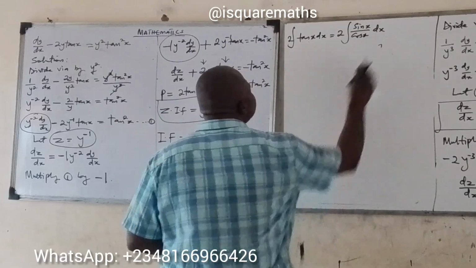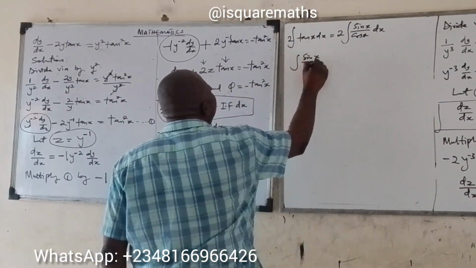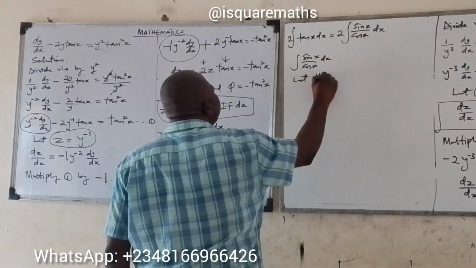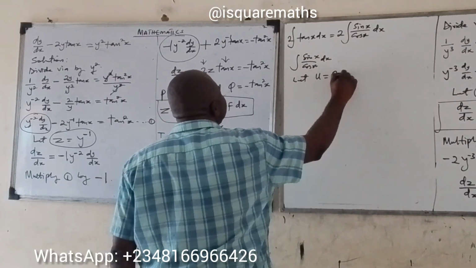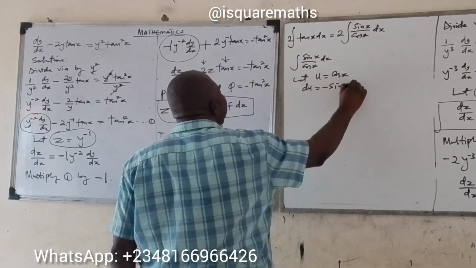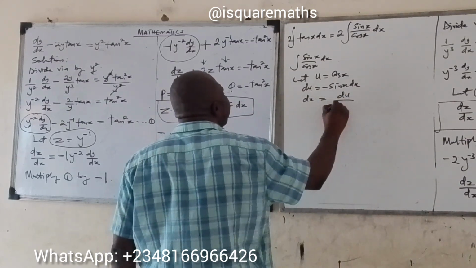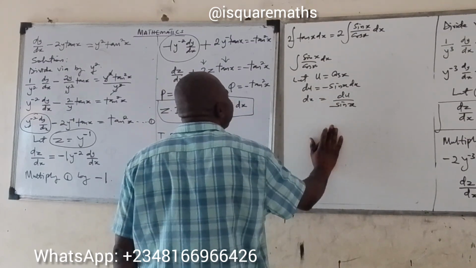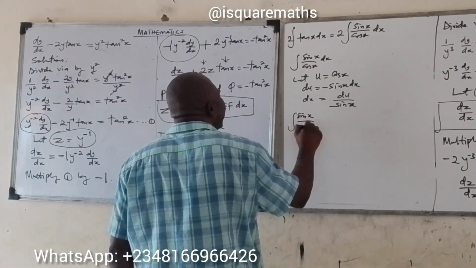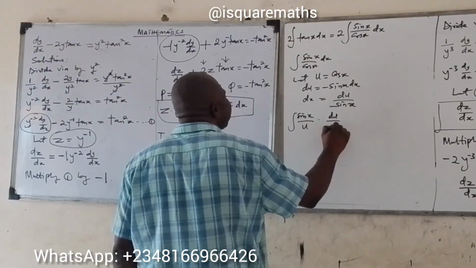When you integrate sine x all over cos x dx, at this point let u be equal to cos x, so that du will be equal to minus sine x dx, and dx will be equal to du all over minus sine x. So this now will be integral sine x all over u, and the value of dx is du all over minus sine x.